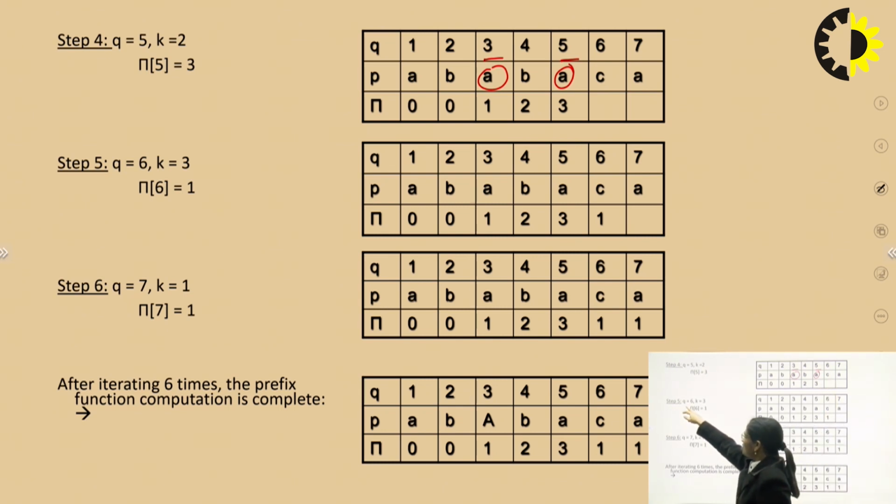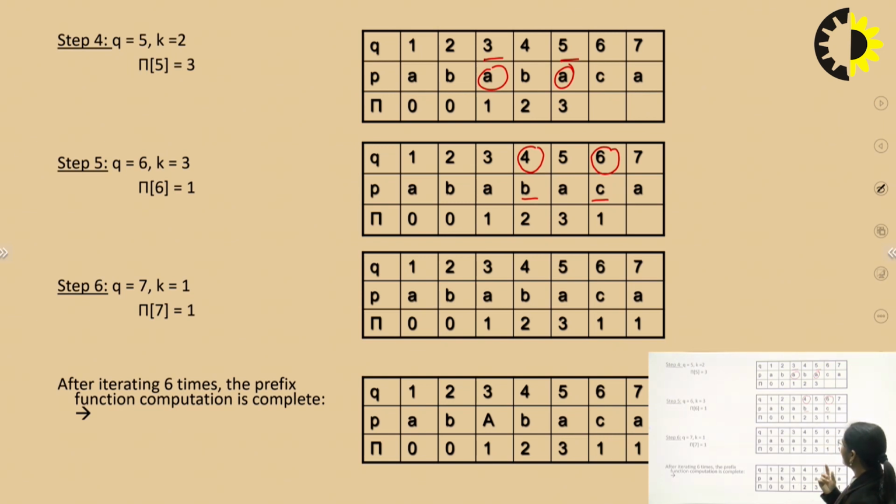Here q equals 6 and the value of k is set as 3. So what do we have to compare? We have to compare p6 with p4. Now in this case, the match doesn't occur. So what do we have to do?